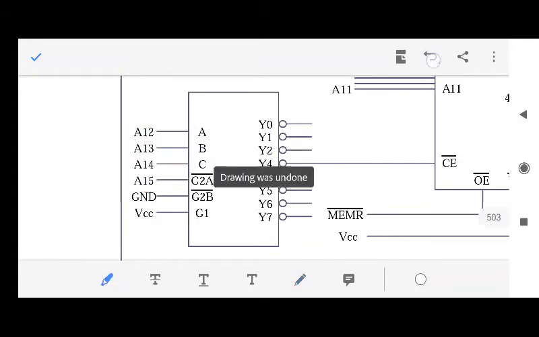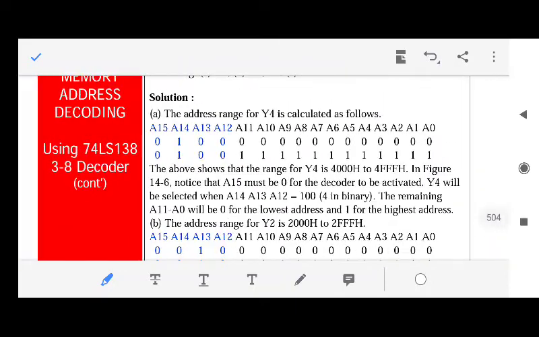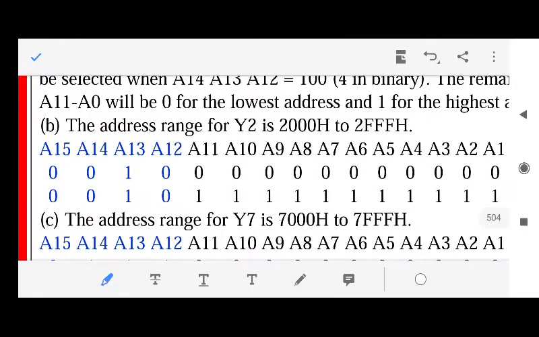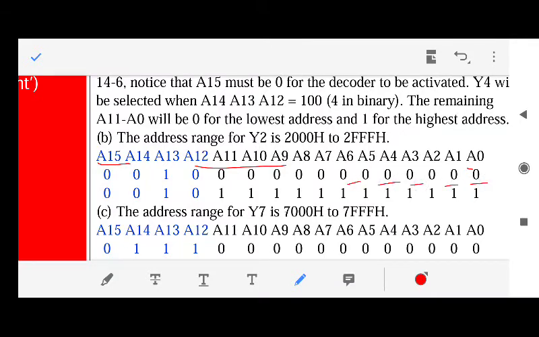Fine. So this is the constant, and this will define the address range. How? In the address range you have the address pins from A15 to A0. Now the lowest address possible is all 0s. But the decoder should remain active.